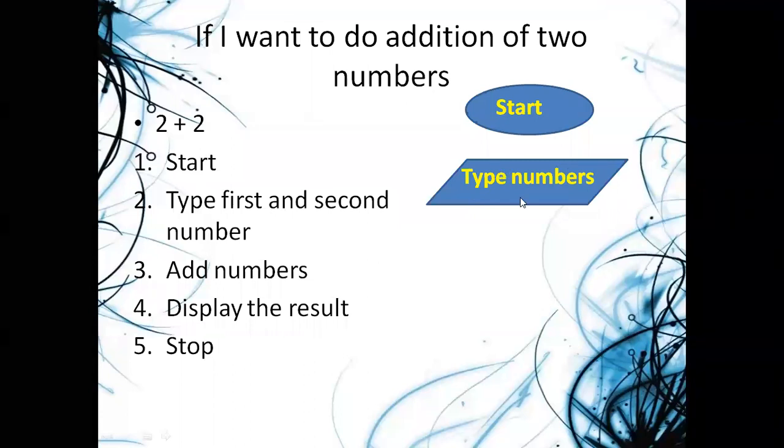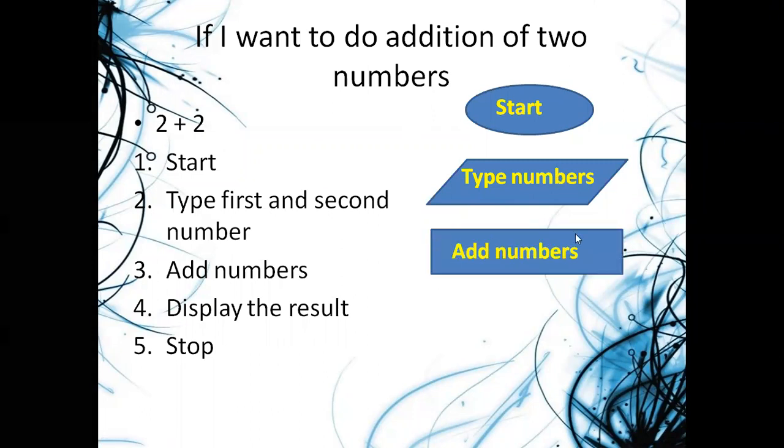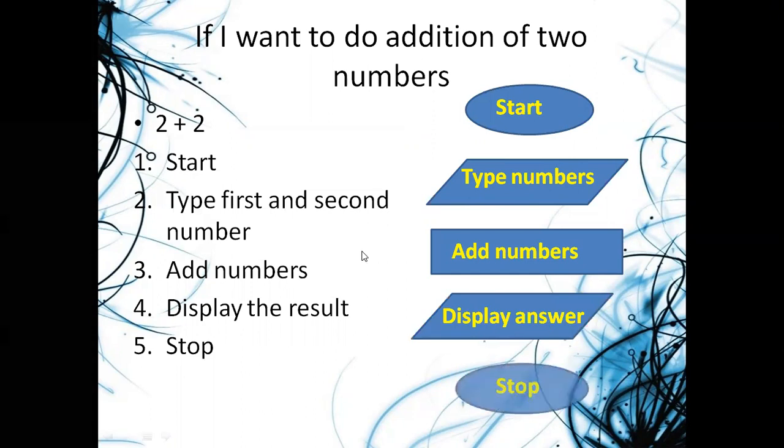In that we will write type numbers 1 and 2. Then third we will take the processing box. In that we will write add numbers. Then fourth we will take again the input output box, that is for output, display the answer. And last we will do stop.